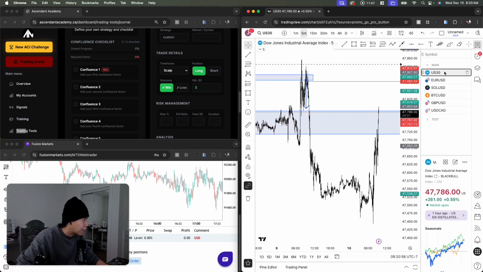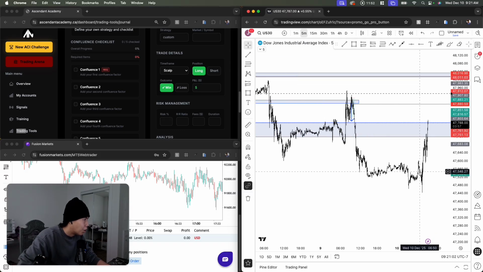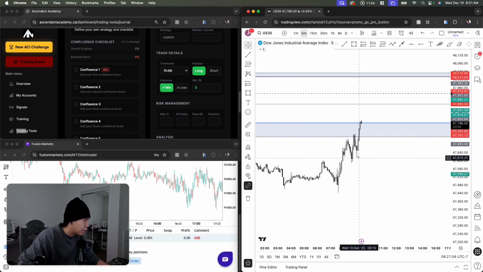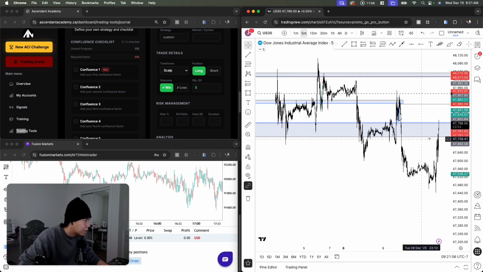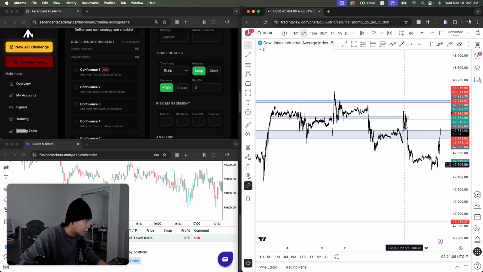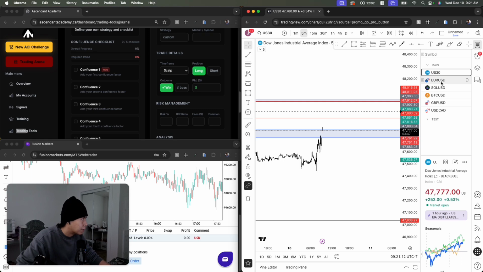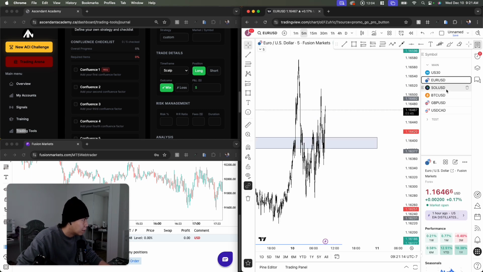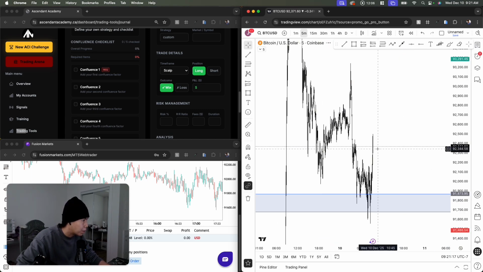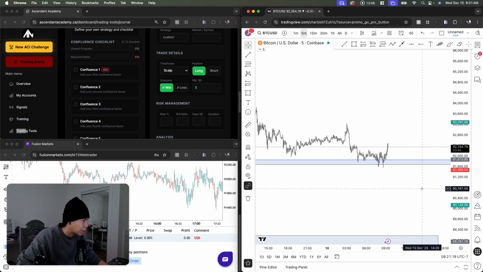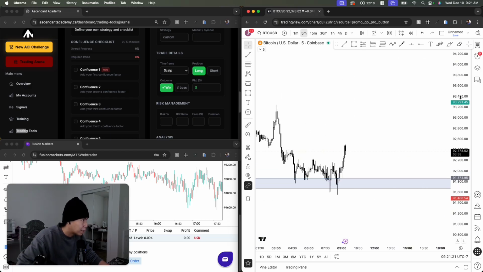So the trades that I'm most interested in are probably rejections back down to the downside on US 30 in this blue box area, and then the Euro USD, no, nothing on Euro USD, and then the Bitcoin buy, which clearly it's continuing to push up, but the next thing I would be looking for is for it to come back down to like this area and then continue moving back up.